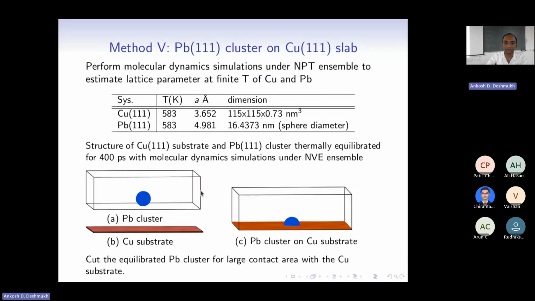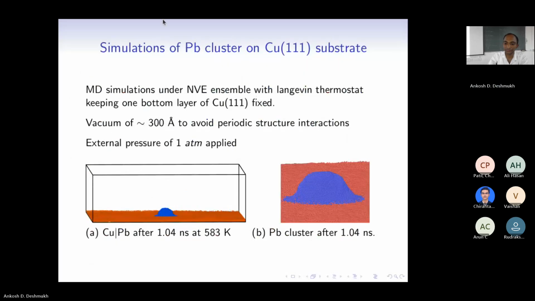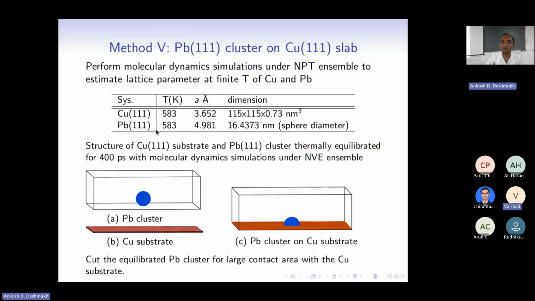So we perform the NV simulations. Before placing that drop on the copper substrate, we equilibrate the drop and the substrate separately at a given finite temperature.